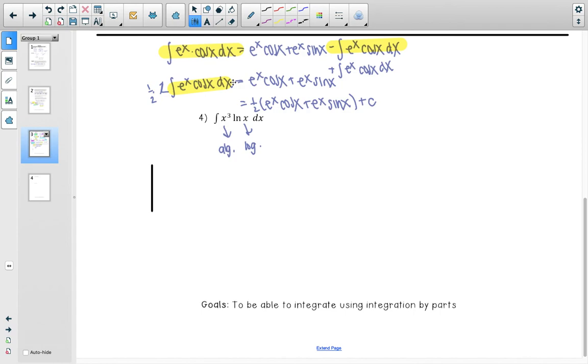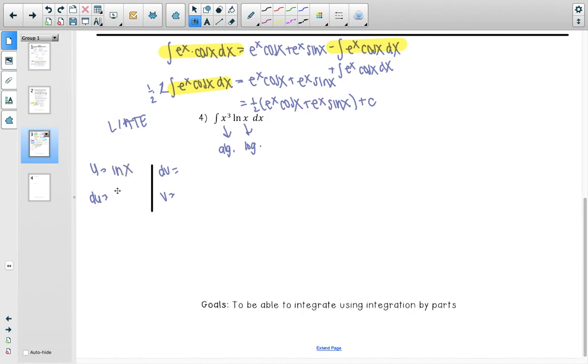All right, now that you have brought me back, let's go ahead and jump into this. We need to figure out the u and the du and the dv and the v. Logarithmic, it's the first letter. So your u should be natural log of x.